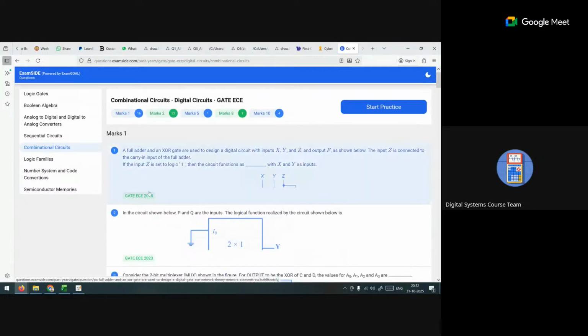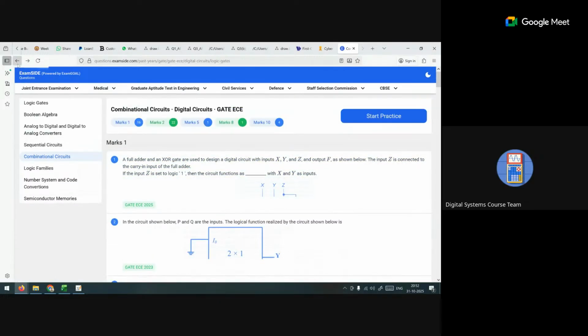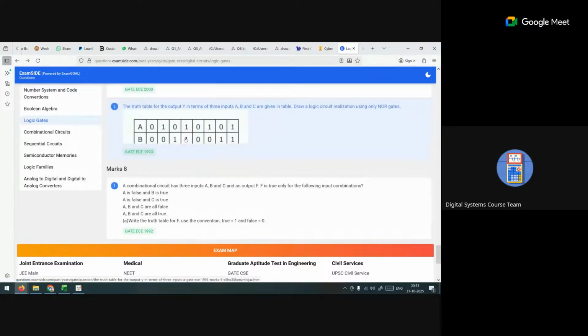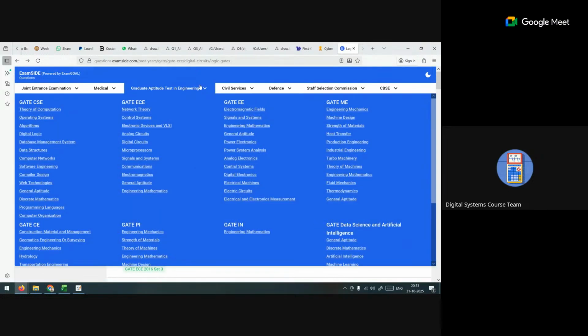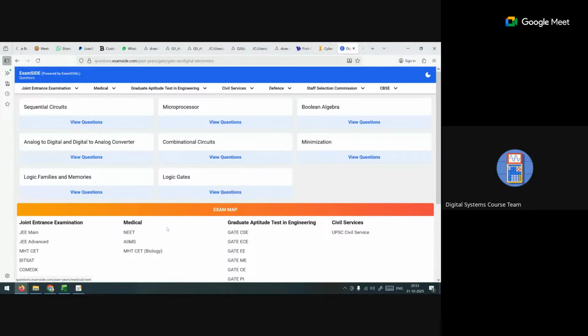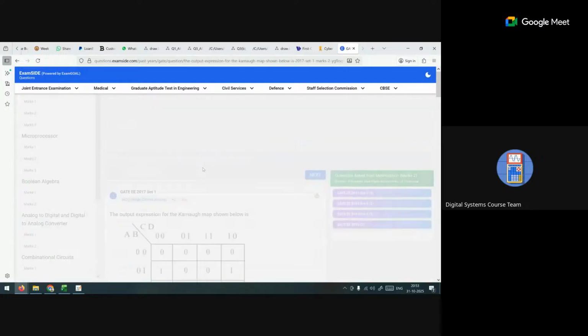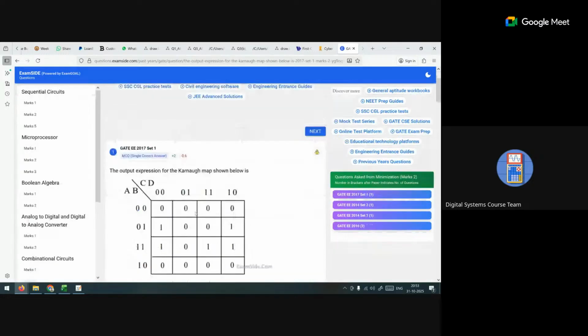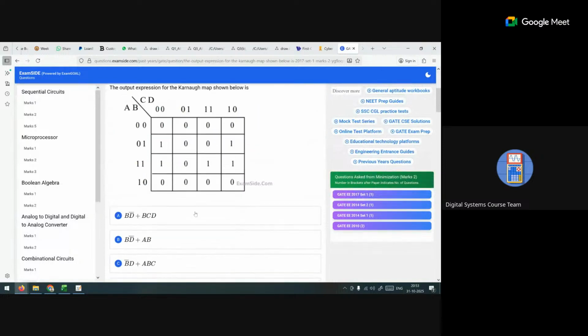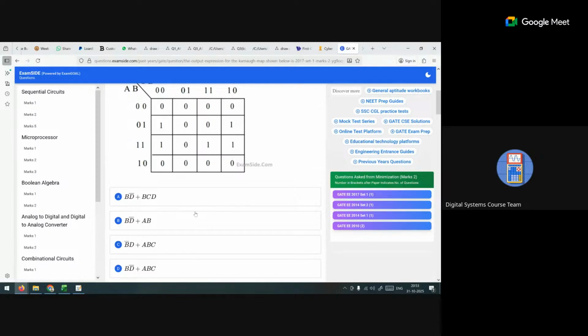For the EC, a KMAP question is not there. For the electrical, I think you can solve easily.